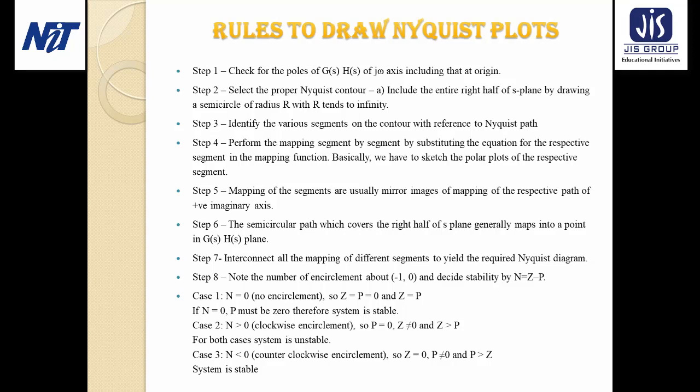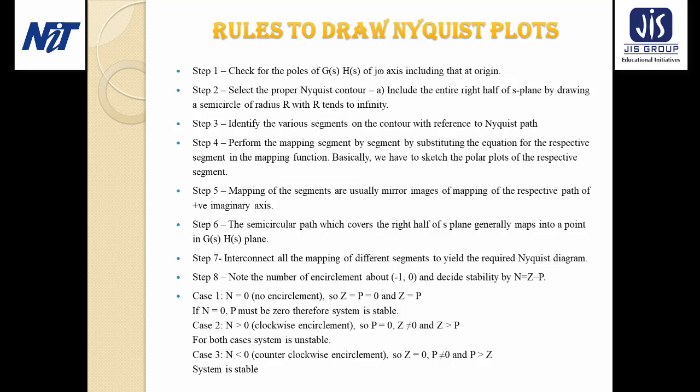Next, we need to identify the various segments of the contour with reference to the Nyquist path. After choosing the Nyquist contour, we need to map the Nyquist contour segment by segment by substituting the equation for the respective segment in the mapping function.